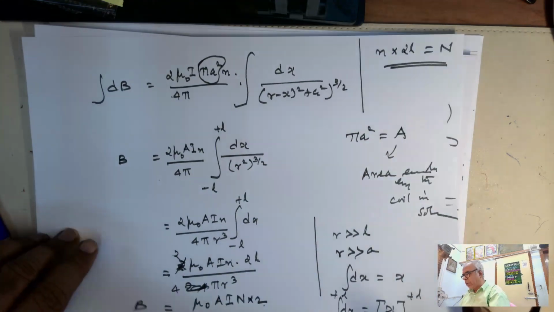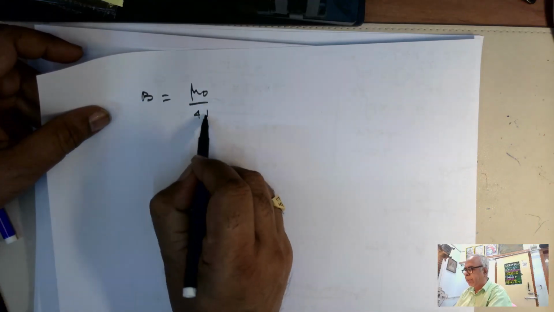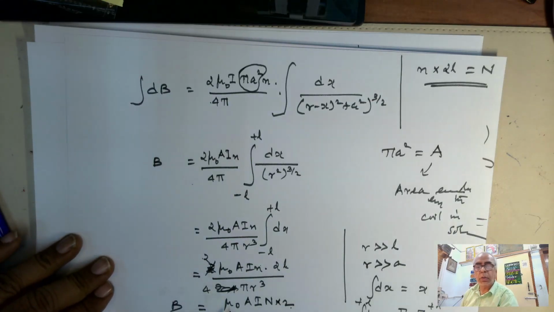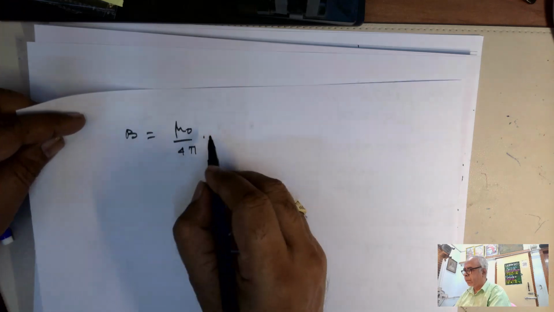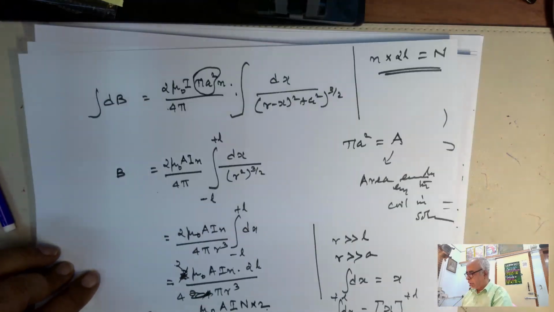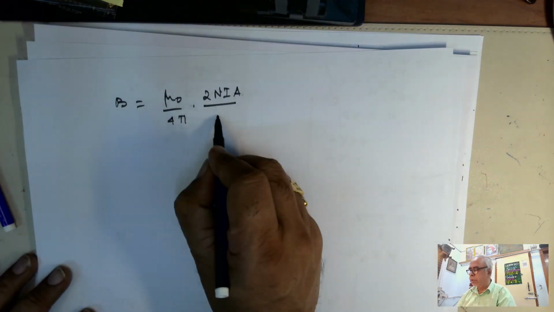So let me rearrange. B is equal to, let us write mu naught by 4 pi separately, and then 2 NIA, got it? NIA into 2 divided by R cube separately.